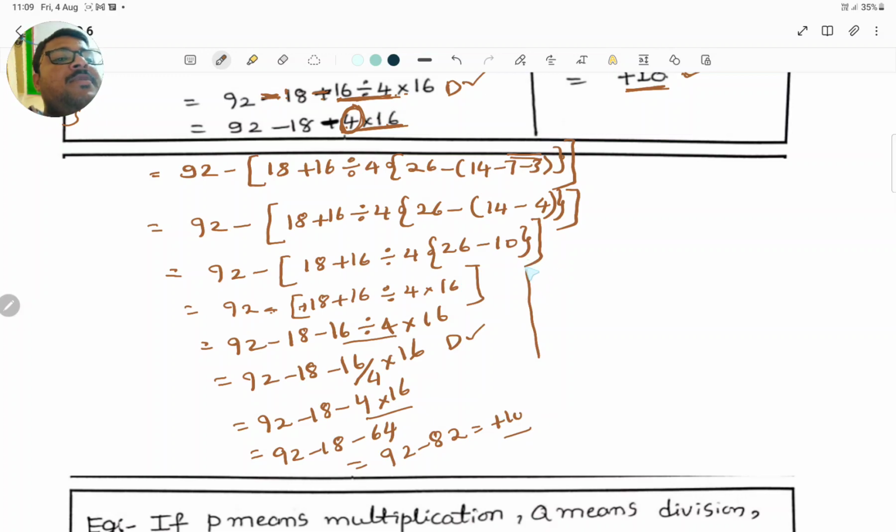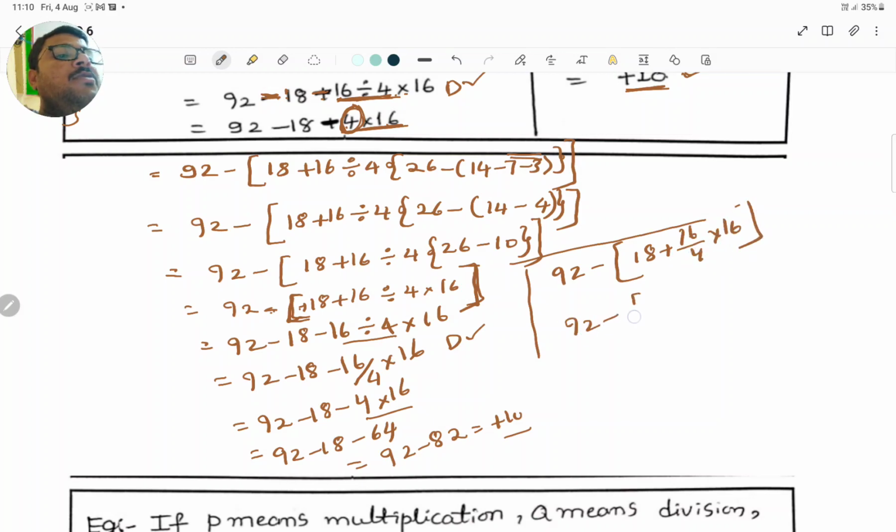Okay, up to here same. When we apply BODMAS within the bracket, 92 minus bracket start, division completed, means 18 plus 16 by 4 into 16. Now 92 minus, I am applying the BODMAS rule within the bracket.